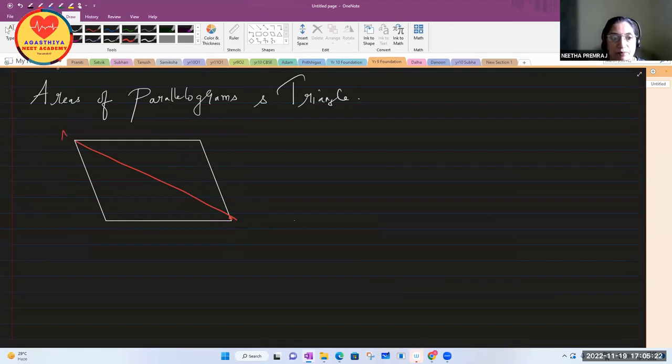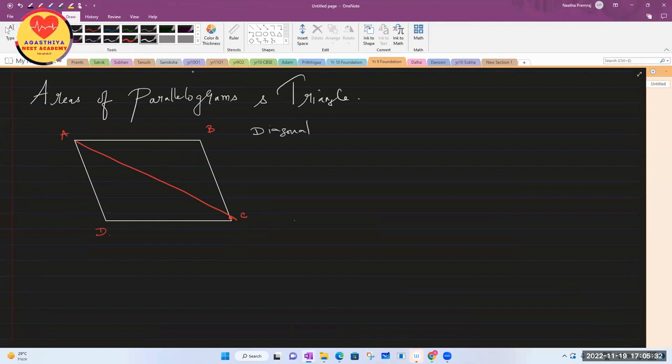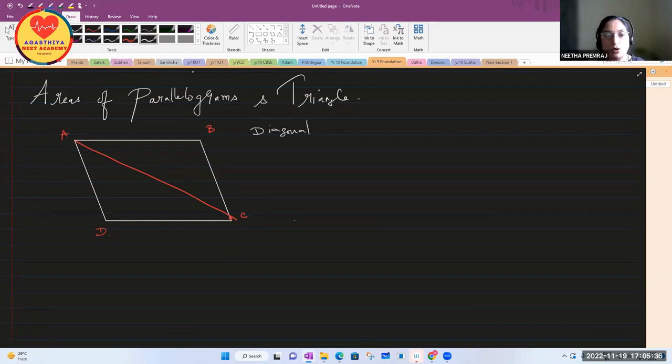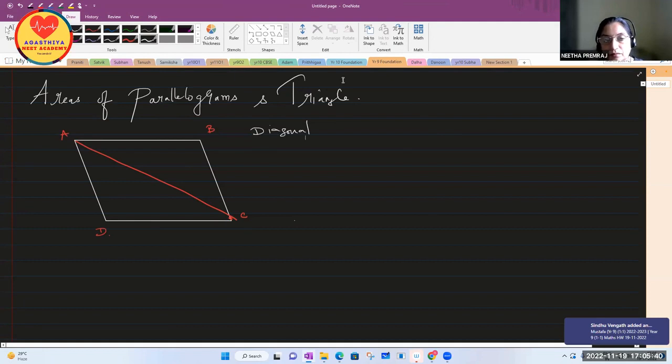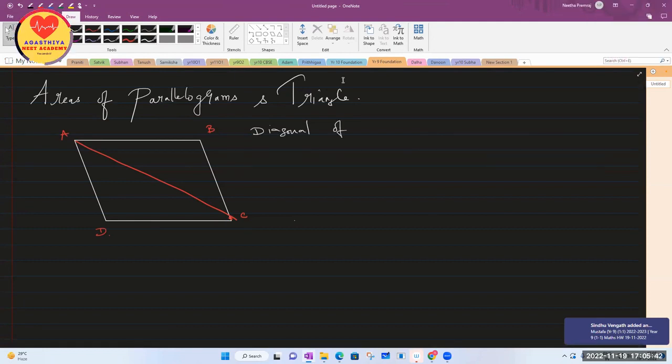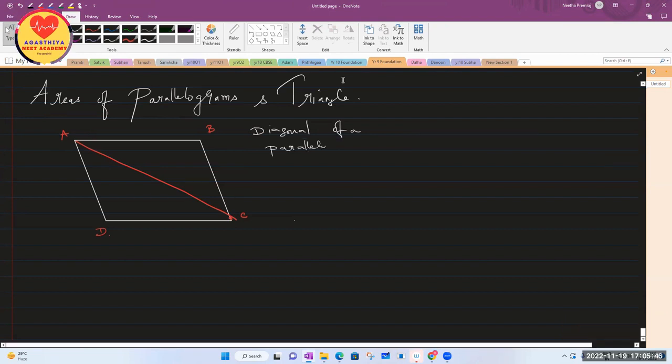Then what does it mean? Anybody? Diagonal divides a parallelogram into two congruent triangles. What does it mean? Ma'am, both triangles have the same measurements.